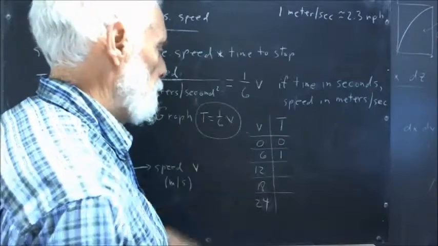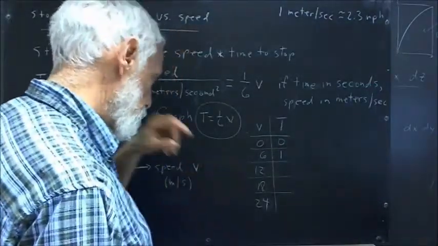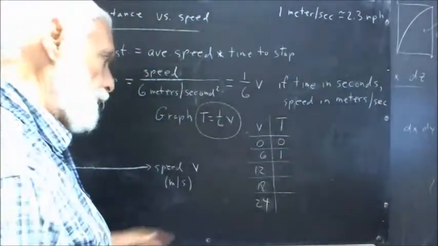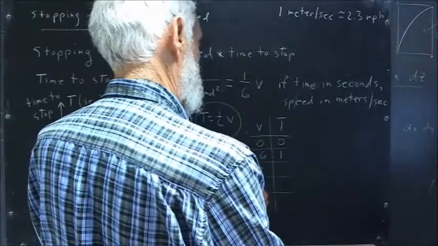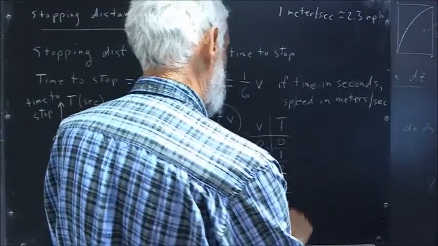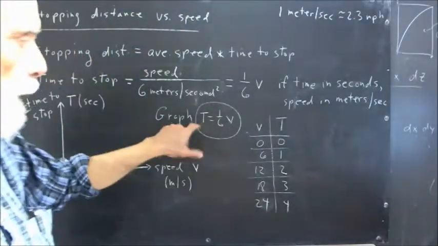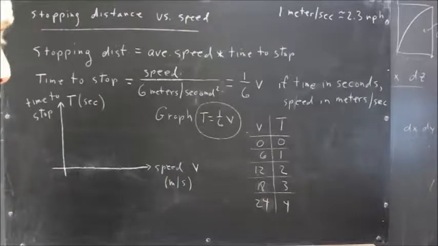Very few people have run at that speed. Usain Bolt is over that now. Bob Hayes hit that back in the 60s. So 12 would be 2 seconds, then 3, 4. Clearly, taking 1/6 of each of these numbers gives us these times.